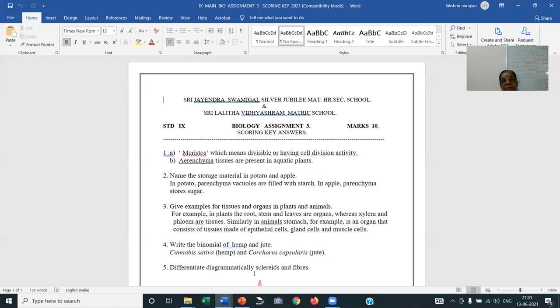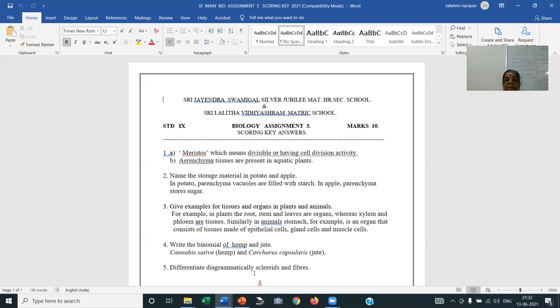Then give examples of tissues and organs in plants and animals. For example, in plants, root, stem and leaves are organs, whereas xylem and phloem are tissues. These are examples.